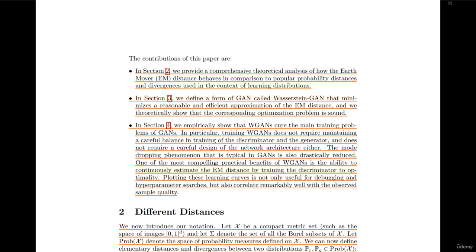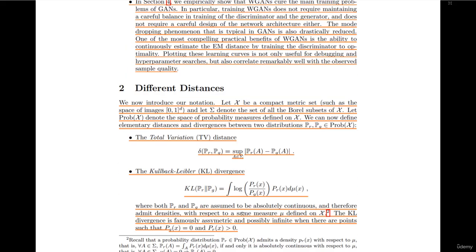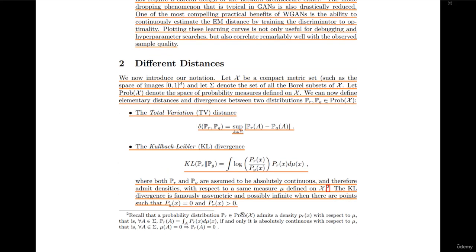One of the most compelling practical benefits of W-GANs is the ability to continuously estimate the EM distance, that's the earth mover distance, by training the discriminator to optimality. Plotting these learning curves is not only useful for debugging and hyperparameter searches, but also correlates remarkably well with the observed sample quality. Now let's look at the different distances which are involved in the GAN literature.